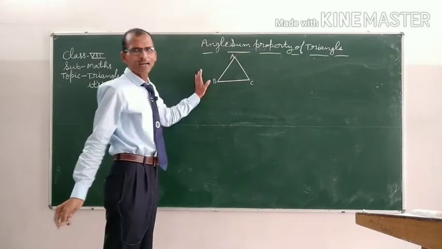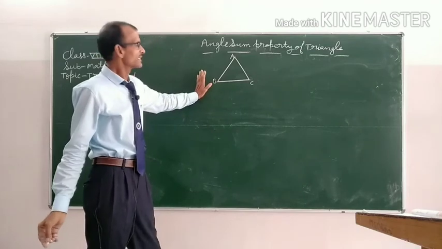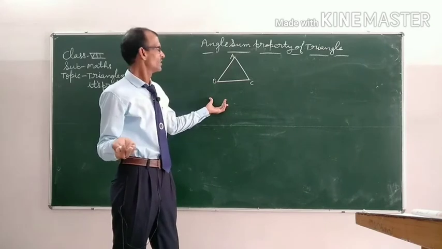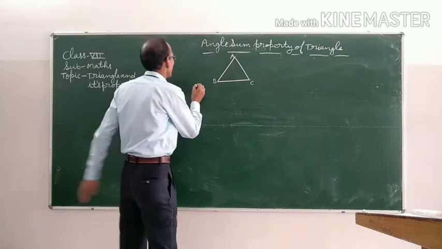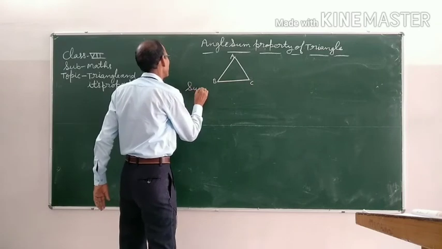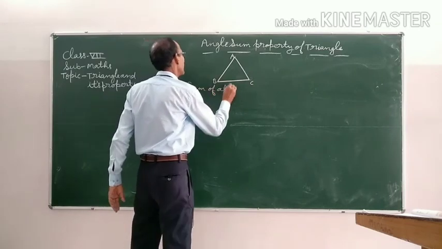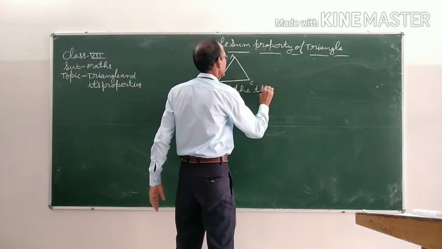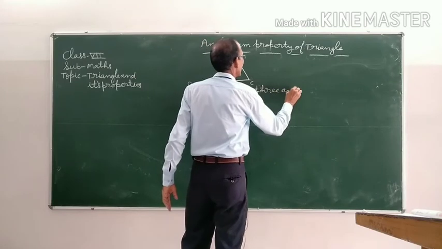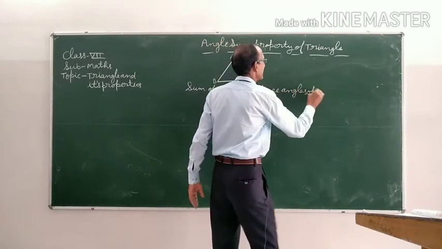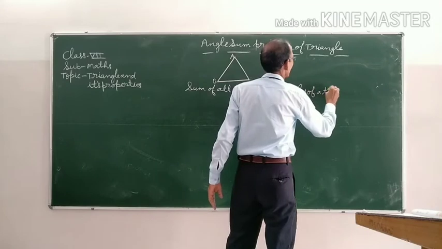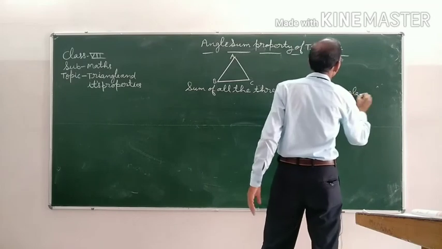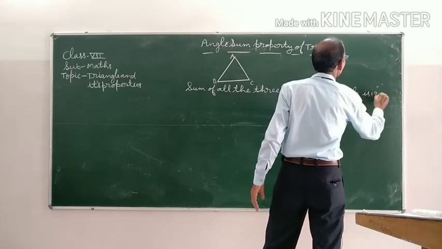Angle sum property of a triangle states that the sum of all the 3 angles of a triangle is always 180 degree. Okay? Sum of all the 3 angles of a triangle is 180 degree.